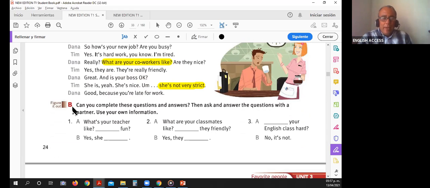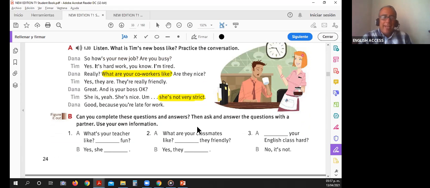Now, in part B, it says, can you complete these questions and answers? Then ask and answer the questions with a partner and use your own information. We need to complete the questions here. We are going to use the information we know. What is your teacher like?